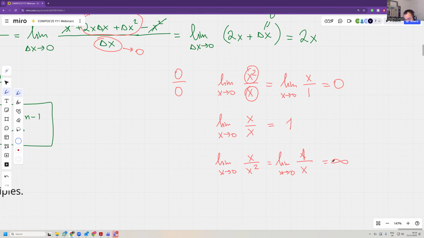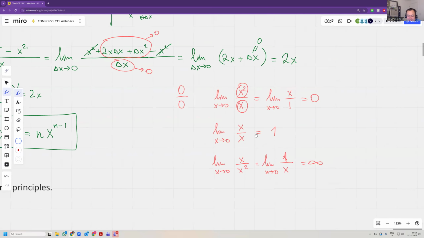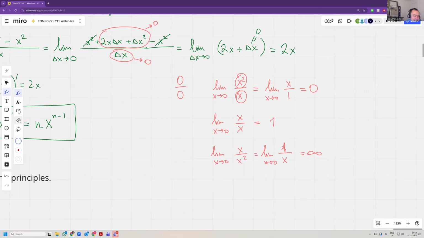And that's infinity because 1 divided by 0, well, it's not equal to infinity, it tends to infinity. That's a slight difference.